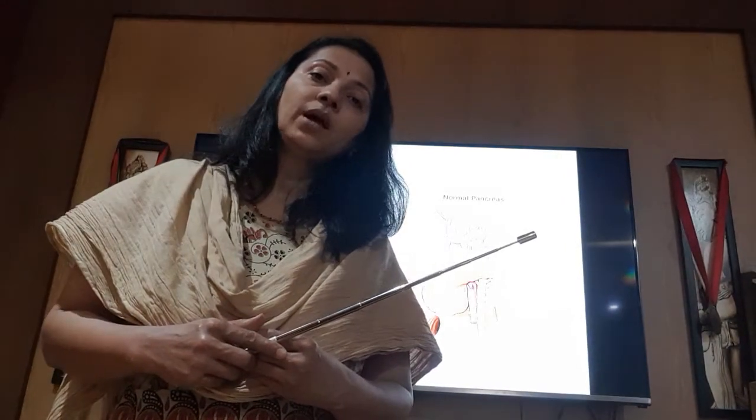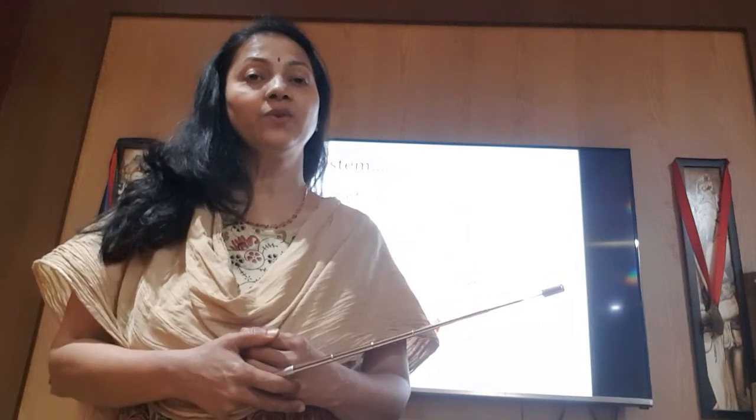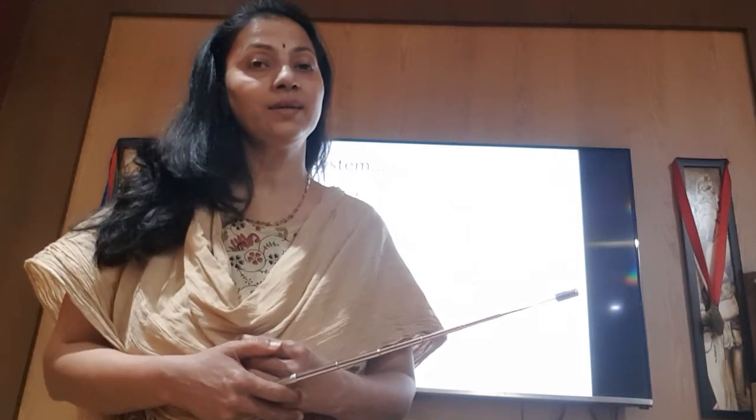Okay, that is very important. So as I have said, pancreas was exocrine gland as well as endocrine gland. So endocrinal portion, alpha, beta, gamma, delta cells, they don't need duct system, isn't it? They are going to pour their secretion directly in the blood circulation, but the exocrinal part requires a duct system.